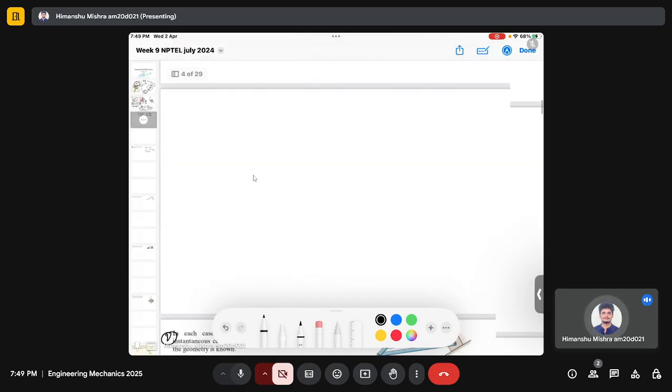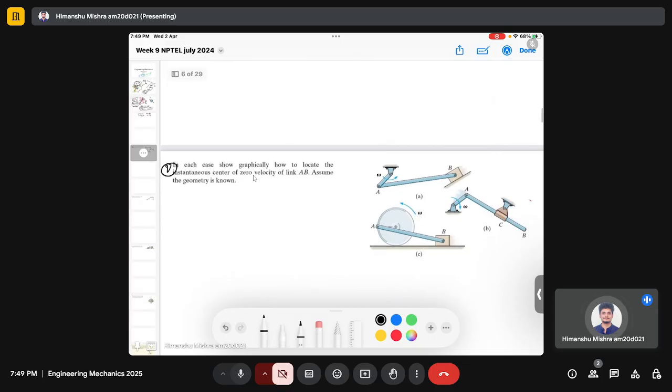So let's solve a problem where we just need to identify the instantaneous center graphically, not any numerical problem. So in each case, show graphically how to locate the instantaneous center of zero velocity of link AB. Assume the geometry is known.